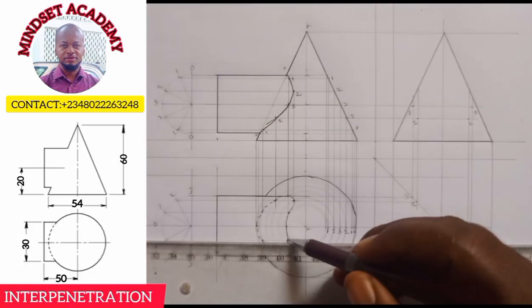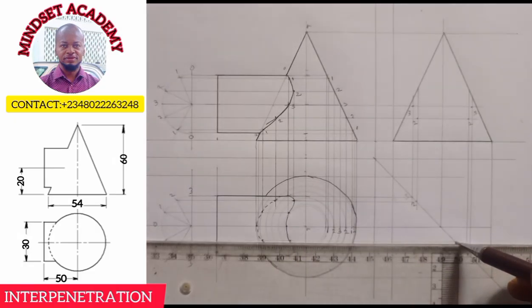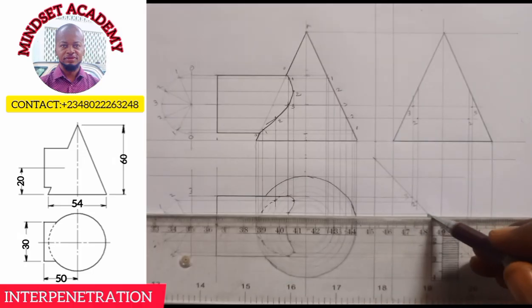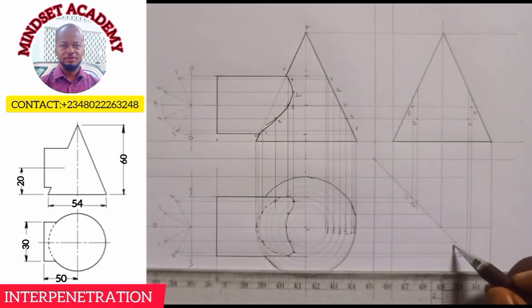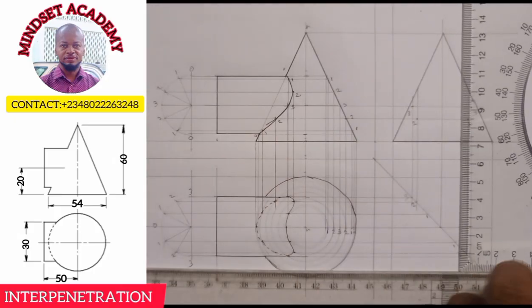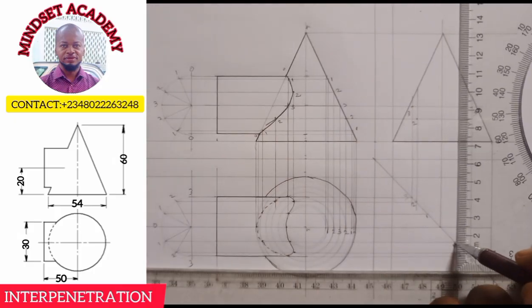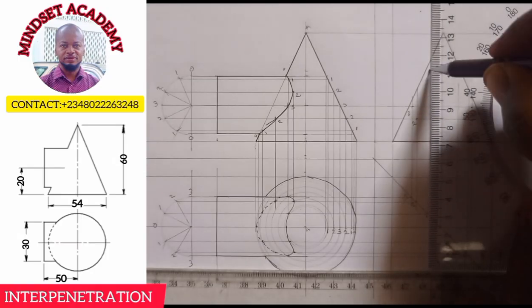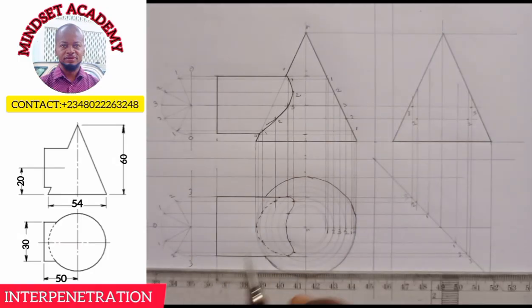Now if I come again, I project 1. This is a line of 1, to touch here. And I project 1 again. This is a line of 1, to touch here. Remember, this is 1, and this is 1. And when I take it up, take it up. So let's see what will happen.